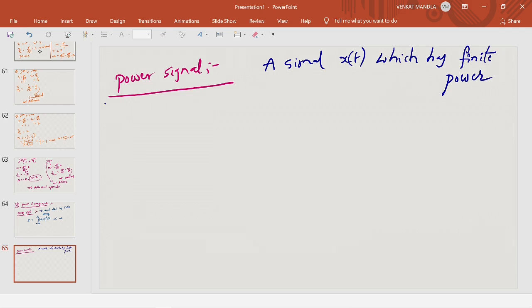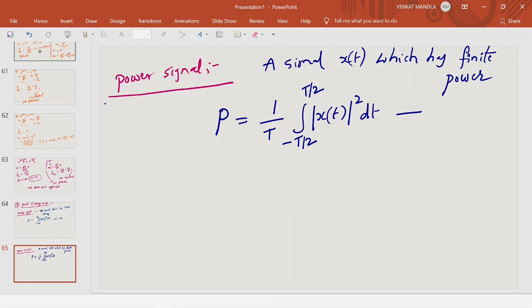So how to calculate power, whether it is finite or infinite? Power equal to 1 by T integral from minus T by 2 to plus T by 2 of magnitude of x of t whole square dt. This formula is for periodic signals.